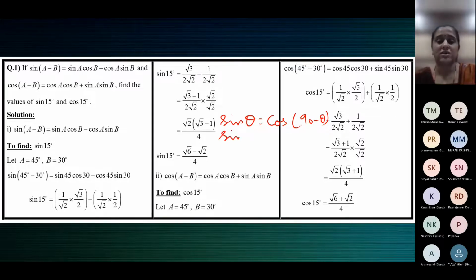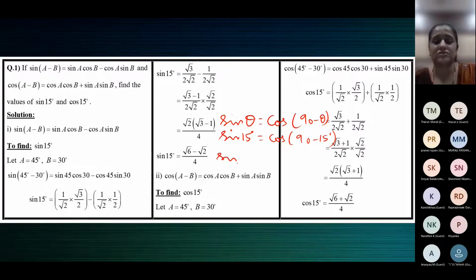So sine 15 degrees is equal to cos 90 minus 15 degrees. Instead of theta, we say 15. These are complementary ratios: sine theta is equal to cos 90 minus theta.